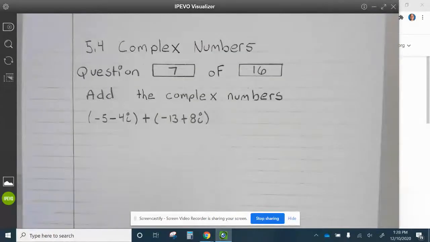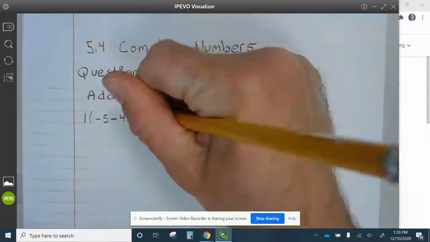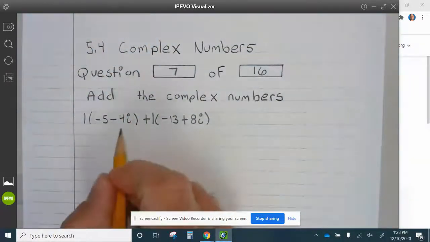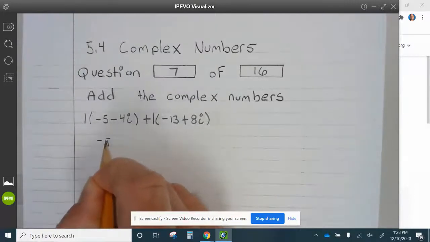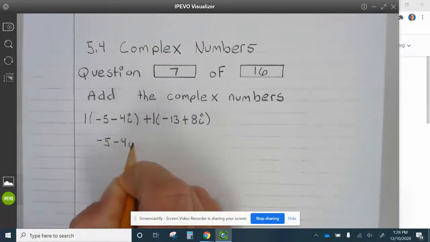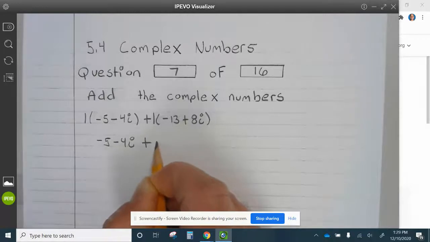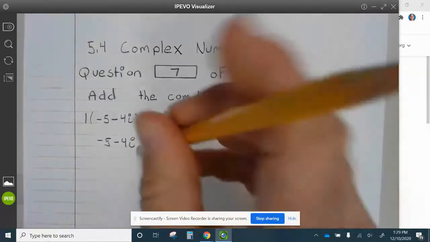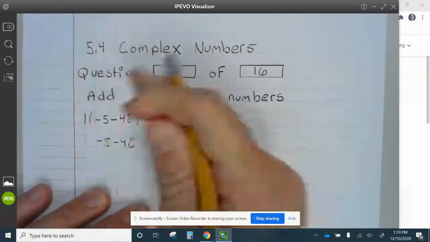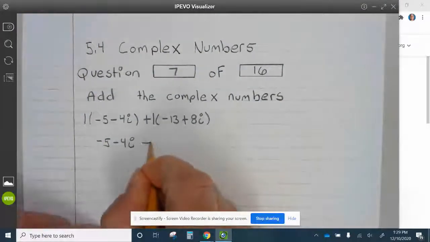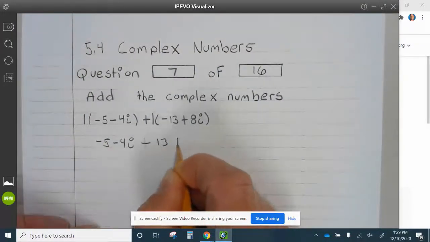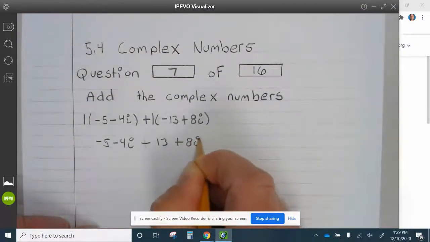Question 7 of 16. Okay, add the complex numbers. So we're going to put a 1 in front of the parentheses. Okay, 1 times that is negative 5 minus 4i plus, now you're multiplying 1 times minus 13. So that's minus 13 plus 8i.